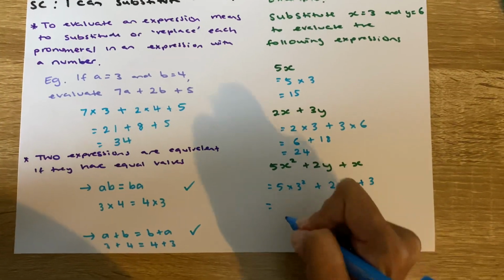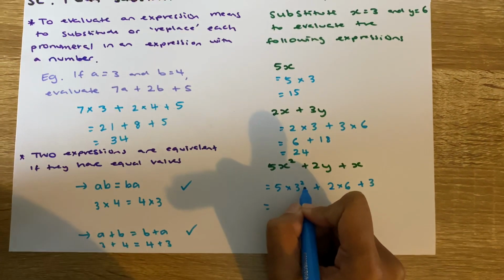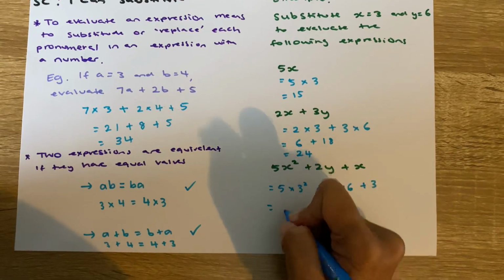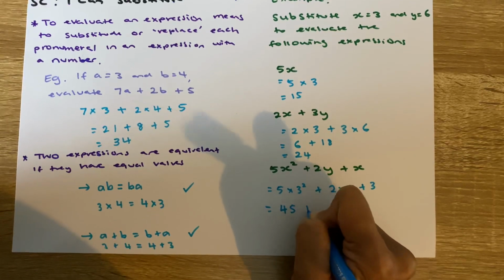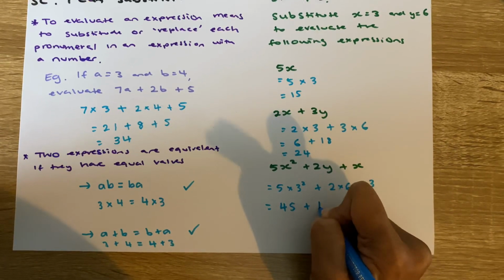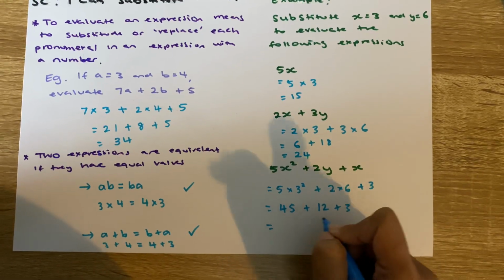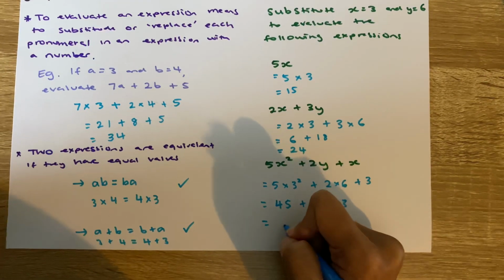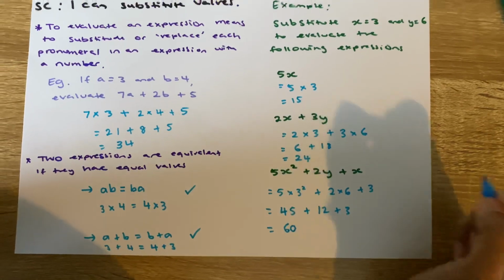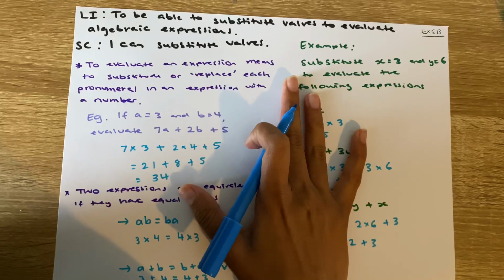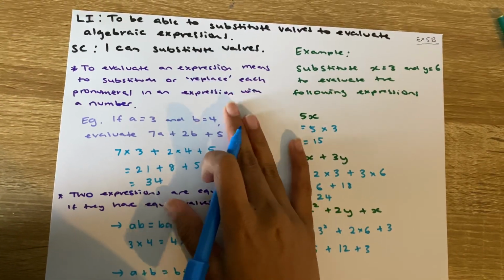And I break it down. 3 squared is 9, 9 times 5 is 45, plus 2 times 6 is 12, plus 3. 45 plus 12 plus 3 is 60, and that is my answer. So this is basically how we substitute our values into an expression.